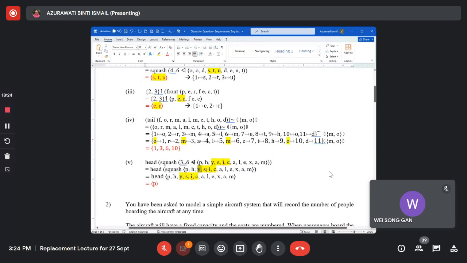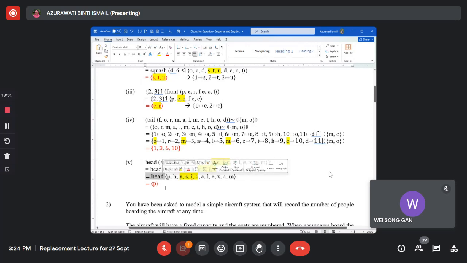If you remove these, the actual numbering here will be 1, 2, 3, 4, 5, 6, 7, 8, 9, 10 like that. When you do squash, it will be 1, 2, 3, 4, 5, 6, 7, 8, 9, 10, and so on. So from here, when you use head, the numbering is actually in order already. So that is the use of the squash operator.